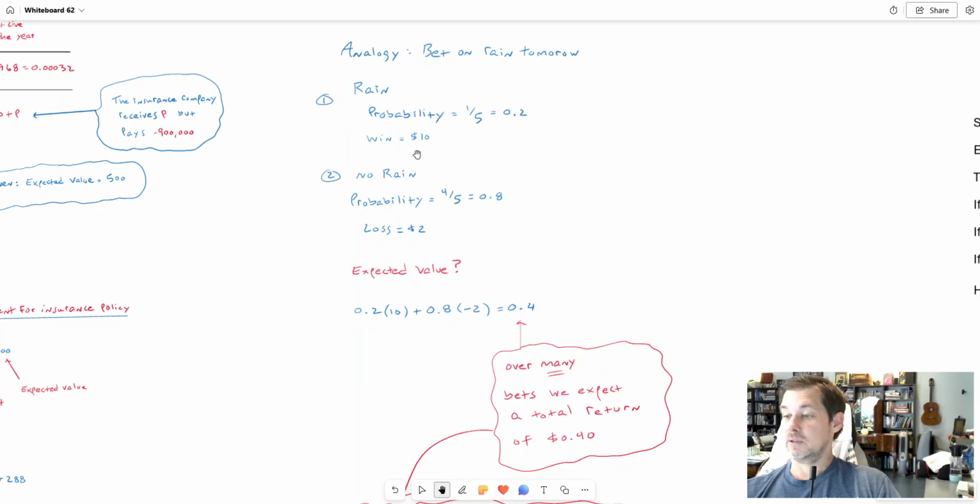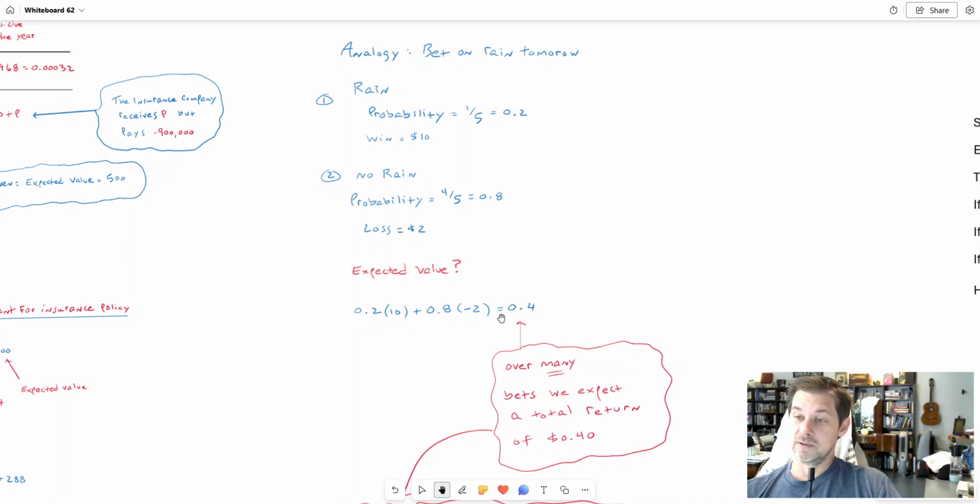There's an amount of money that I either receive or pay, and then there's a probability of each event. I can calculate the expected value like this: the probability of it raining times I win $10, plus the probability of it not raining times I lose $2. If I multiply these and add them together, I get 0.4.